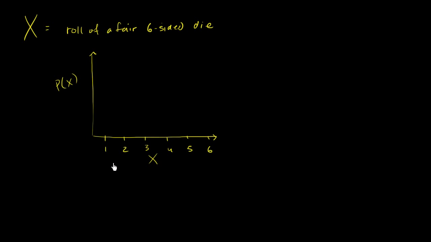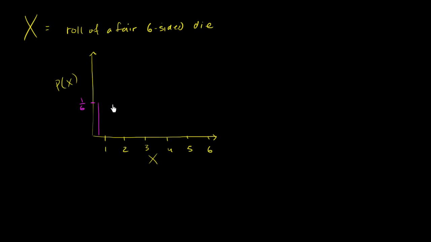Now, what's the probability of getting a 1 if you roll a fair six-sided die? Well, it's one of 6 equally likely outcomes, so you have a 1/6 probability. So that's the probability of getting a 1.